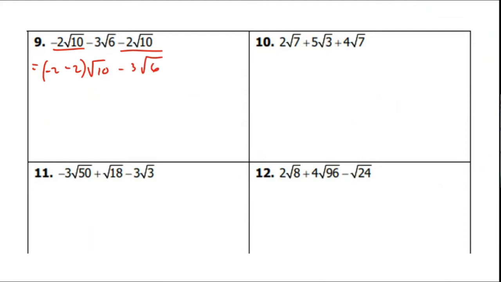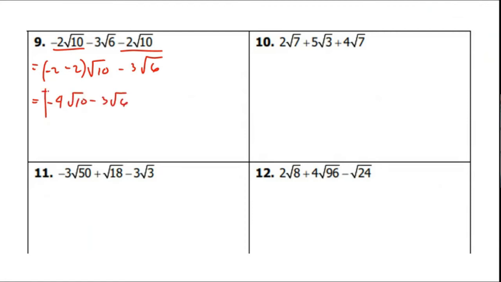By associative property, I can move negative 2 square root of 10 next to the one that is similar to it. So negative 2 square root of 10 minus 2 square root of 10 is the same as negative 2 minus 2 square root of 10 minus 3 square root of 6. So you will be left with negative 4 square root of 10 minus 3 square root of 6.